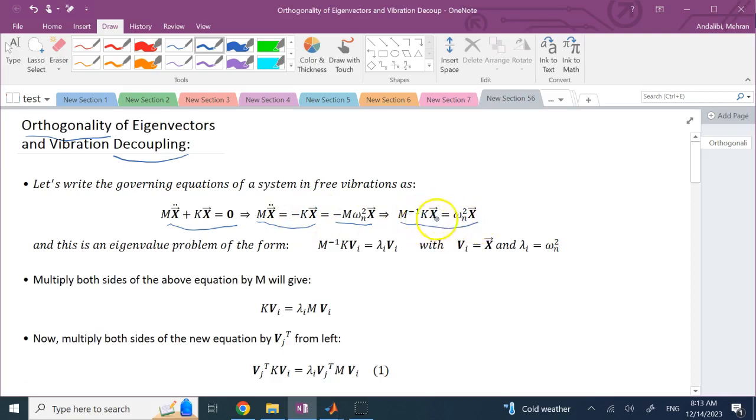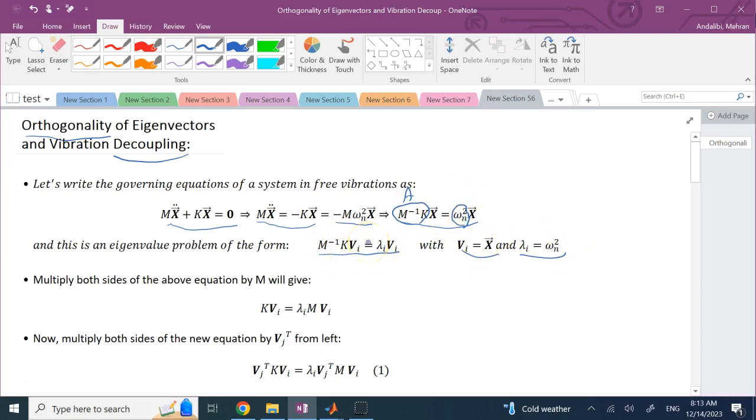If you look at this equation, this is an eigenvalue problem, right? Because this is a matrix like A, and A times some vector equals some scalar times the vector. It is of this form, where V is the same as x and this lambda i is the same as omega n squared.